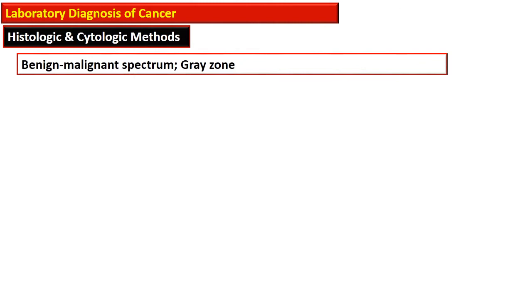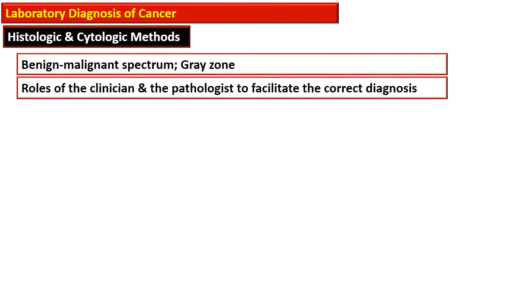There is always a gray zone in some tumors to differentiate between benign and malignant.